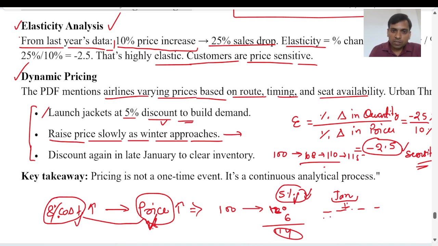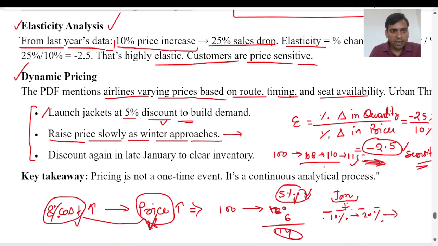So you can give a discount again. First a high price as winter is increasing, and as winter is going, you can give a 10% discount at the start of January and 20% at the start of February, and more discount in the following months. So this is another option.